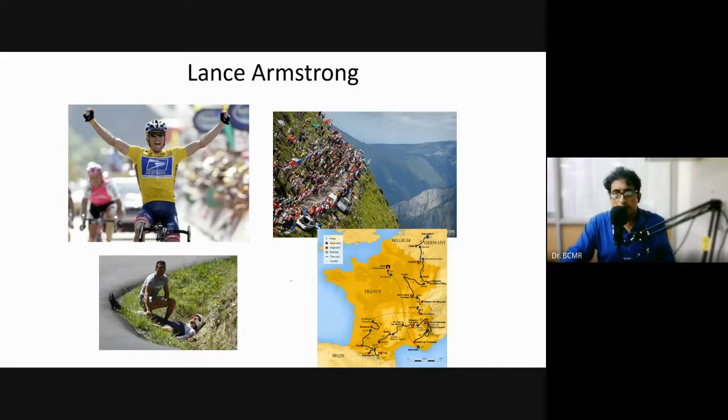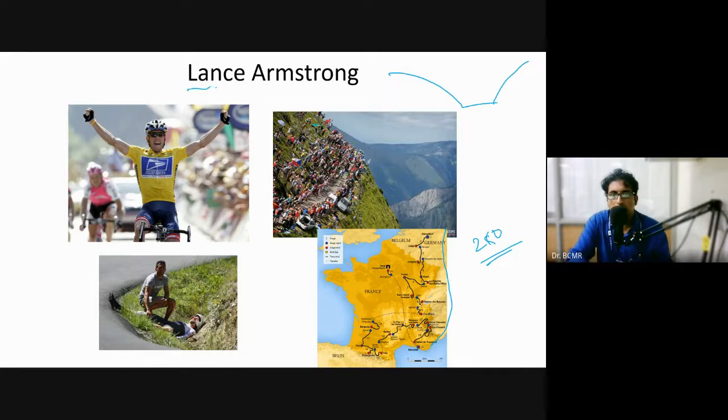You know about Lance Armstrong, I guess. There is a tournament called Tour de France. I think they go around some 256 or so kilometers through the Andes mountain region. They travel through these mountain ranges. Some are very steep like this, some are plains, and some you have to climb uphill.